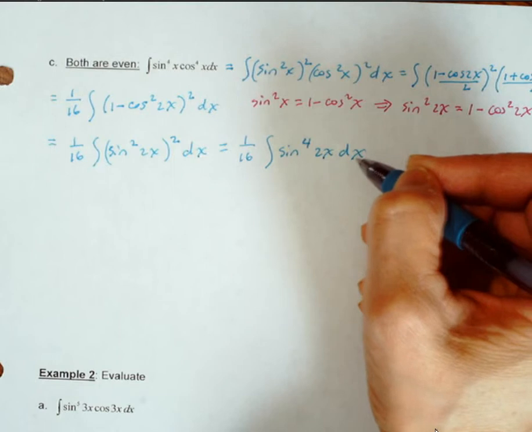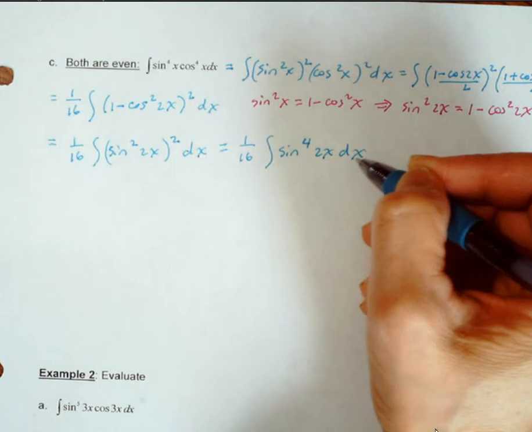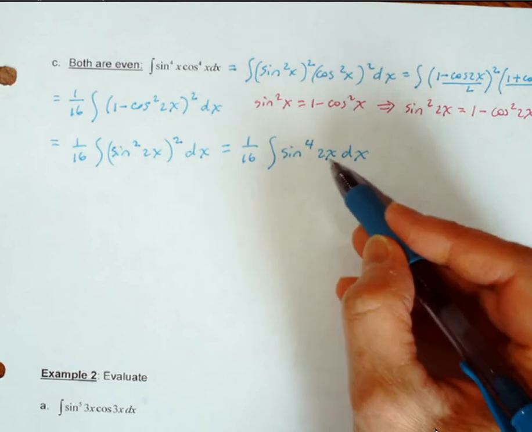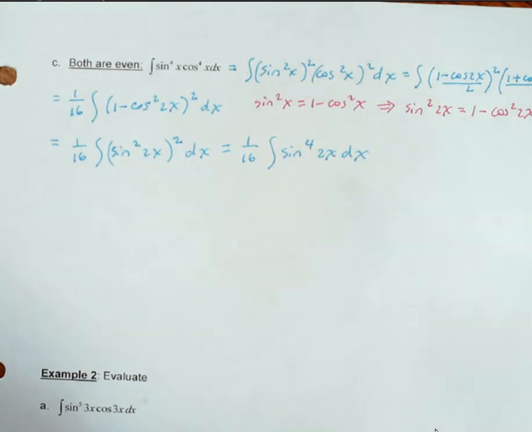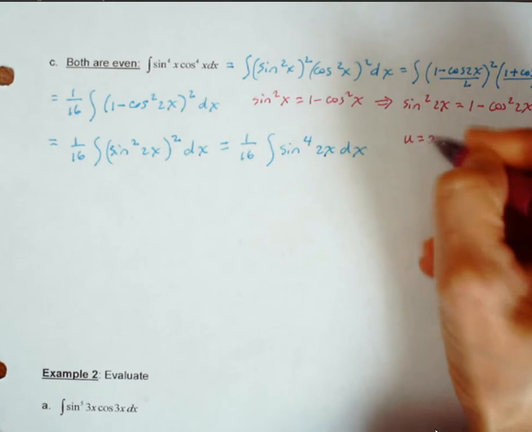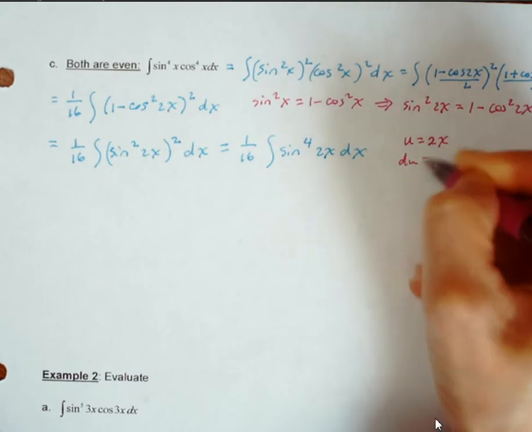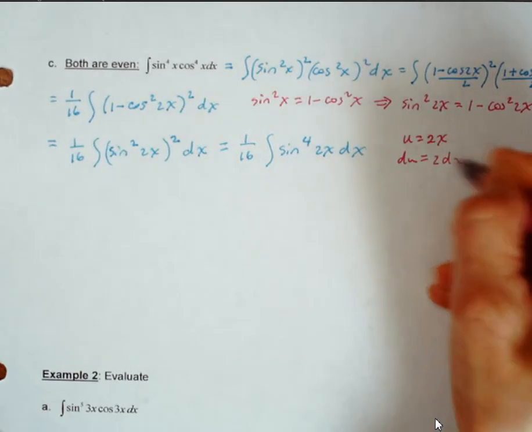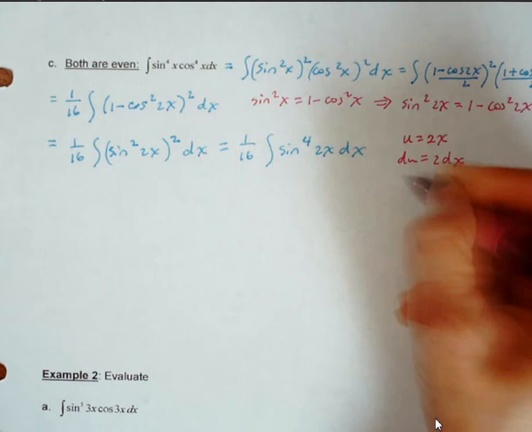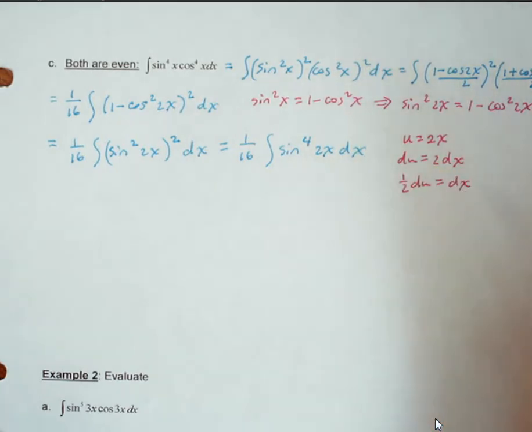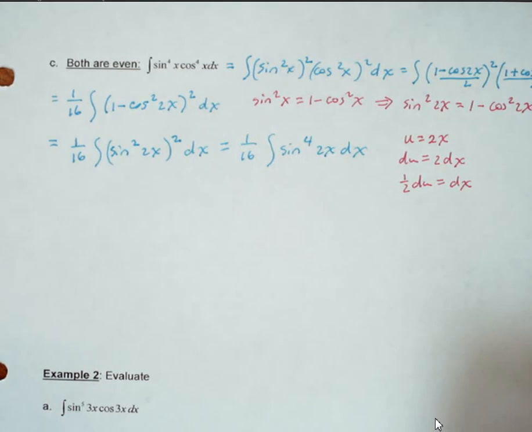Now I'm going to do a u substitution on this and let u equal 2x, so then du is equal to 2 dx. Then 1/2 du is equal to dx. Then I'm going to make that substitution.